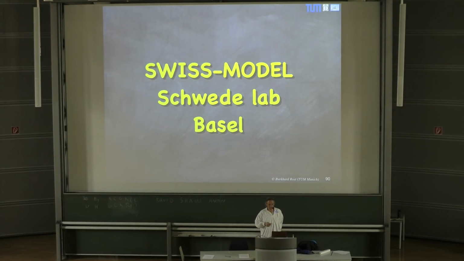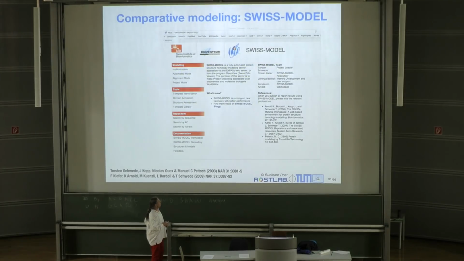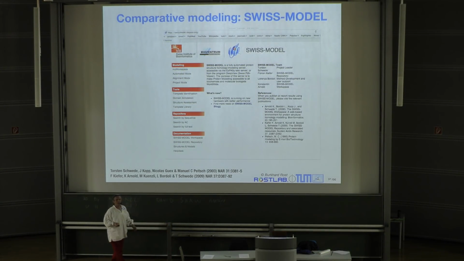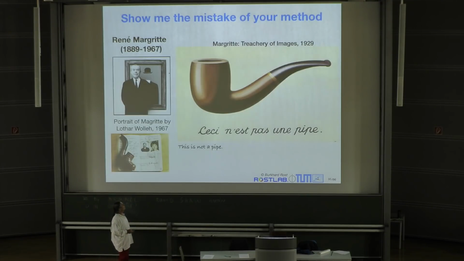And another story is the one that started with a server called Swiss Model. Ultimately the idea of Swiss Model was to do exactly what I said before: find the protein that is most similar and copy the coordinates. Today they do much more, and it's very similar to what Modeller from Charlie does. Those are the two most used programs.